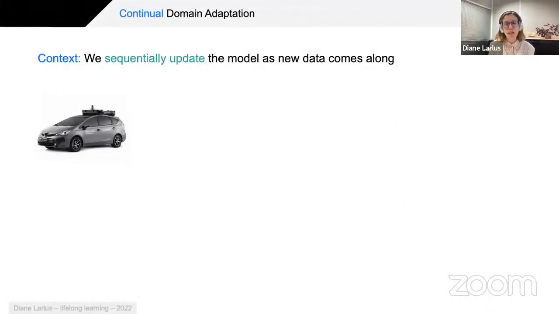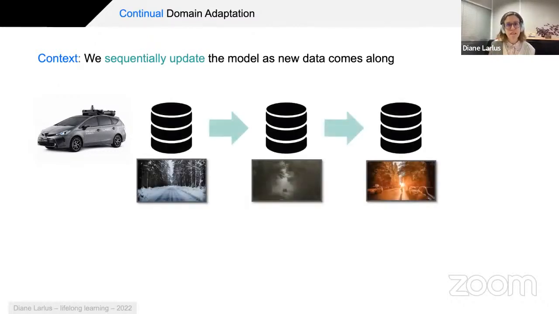Let's assume that we want to build a navigation system for a self-driving car. So the self-driving car needs a visual system, and this visual system has been trained for a particular environment with the data available. And we would like to be able to update this visual model as training data for new domains is provided. So maybe you get snow images, fog images, sunset images.